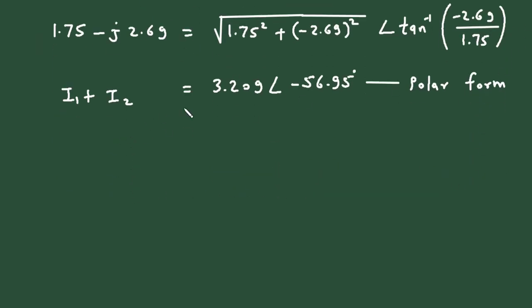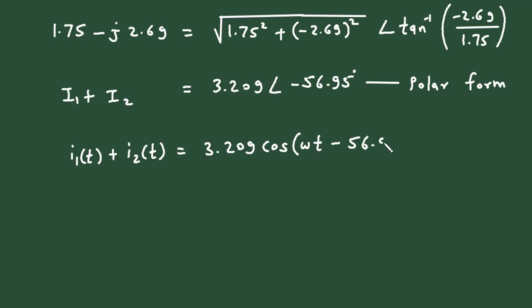Now we can convert it into its equivalent time domain format. So it will be I1 of t plus I2 of t is equal to 3.209 cos omega t minus 56.95 degree, and since it is current, its unit will be ampere.